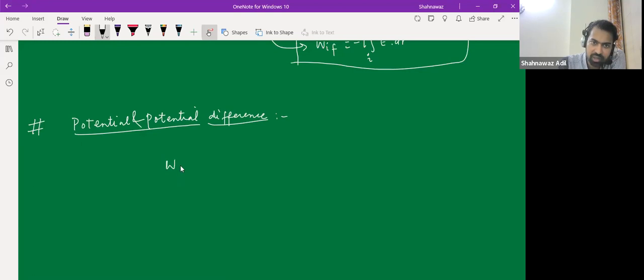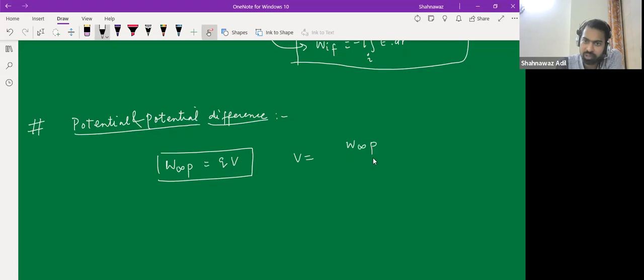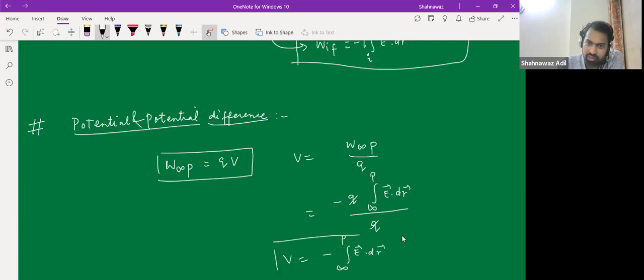Let's say work done in bringing a charge from infinity to point P is Q into V. So potential is the work done in bringing a charge from infinity to point P divided by Q. So this is minus Q integral from infinity to point P of E dot dr, divided by Q. So Q gets cancelled and we have potential equal to minus integral from infinity to point P of E dot dr. So this is the potential, right, Aisha?